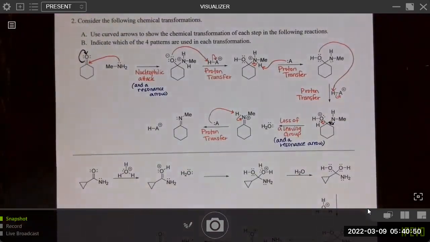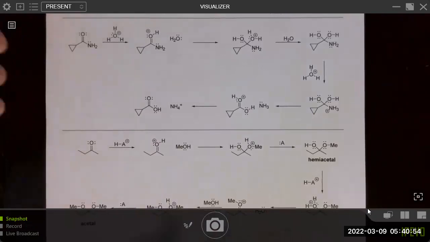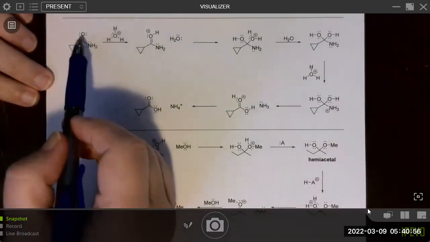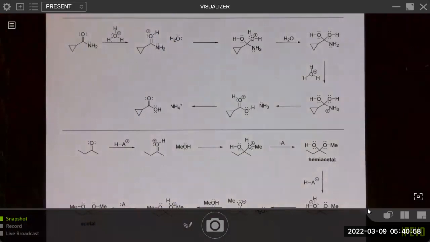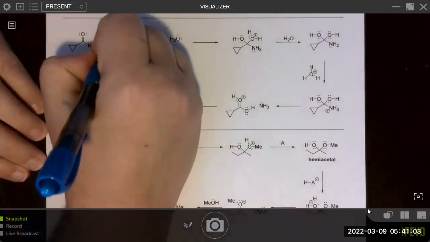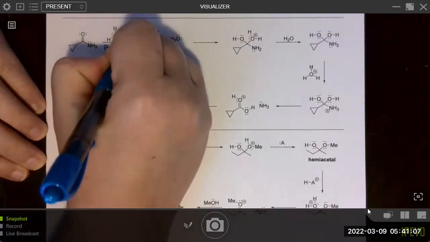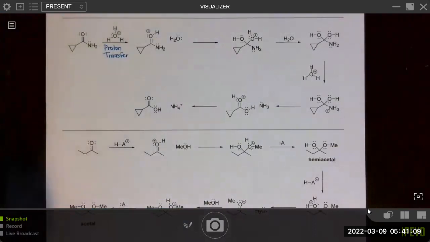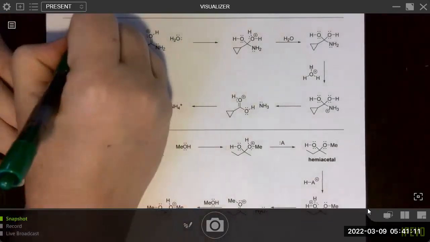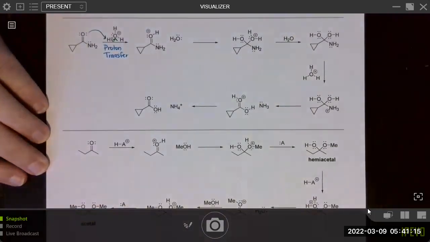Okay. Moving on to the next one. The transformation here appears to be proton transfer. We're going to write that in. We'll draw that proton transfer arrows.